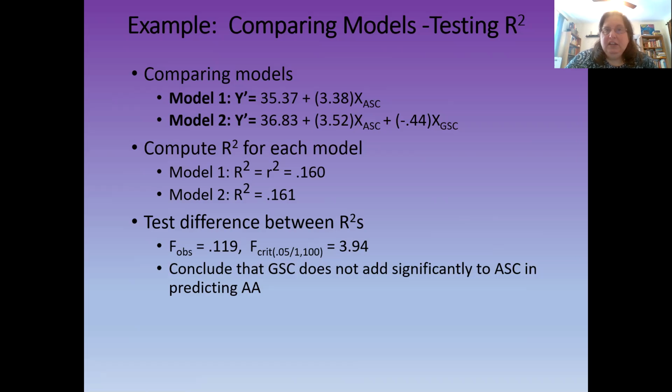So really, the academic self-concept is the important variable here. General self-concept is less important. So the thing is, whenever you add anything to a regression model, it's always going to account for a little more. It's always going to add something else you're accounting for.